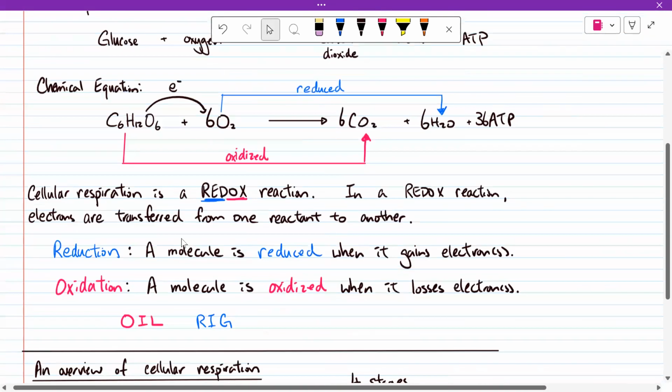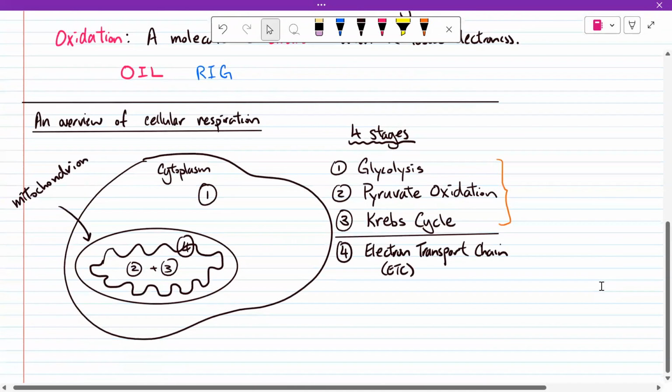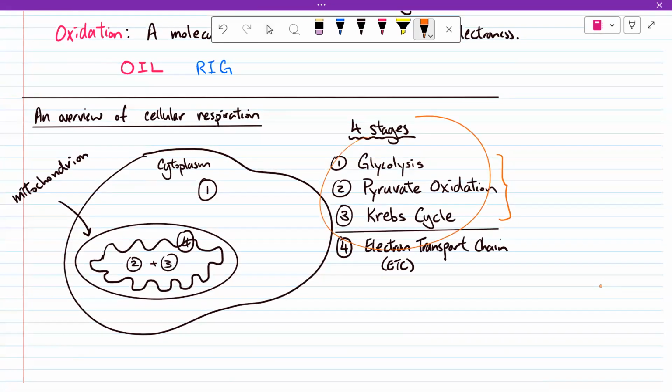Oxidizing is losing. So when we oxidize glucose, we are trying to rip electrons from the glucose. All these high energy electrons are going to be coming out of glucose along the first 3 steps. So we have high energy electrons being released as glucose is oxidized.